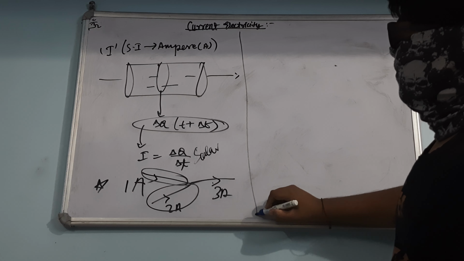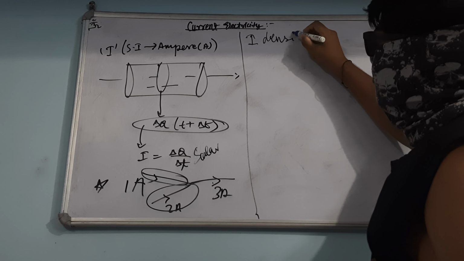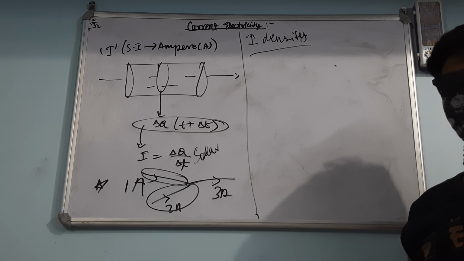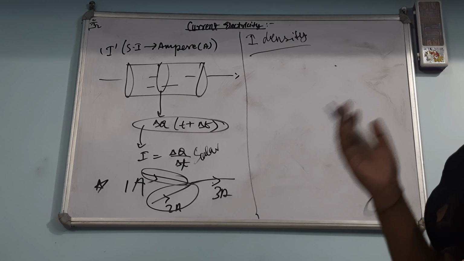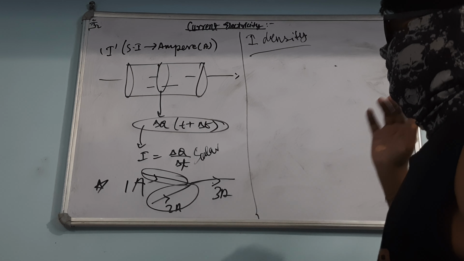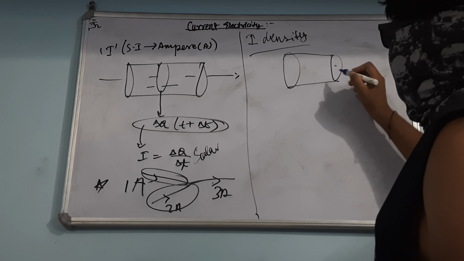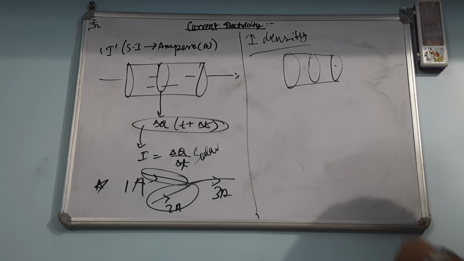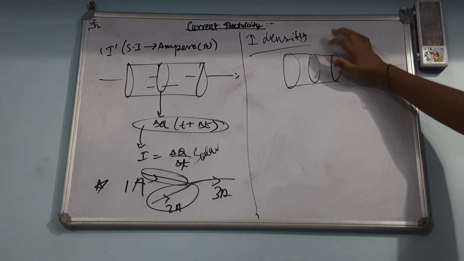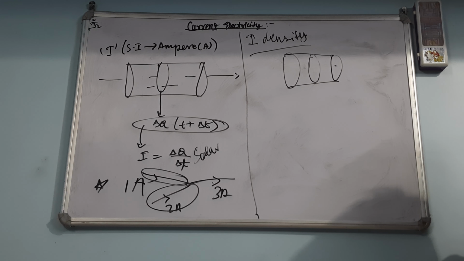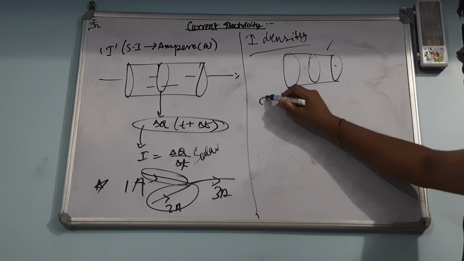So let us now know about current density. So what is current density? Basically it is the amount of flow of charge per unit time per unit area. From here, the amount of charge flowing per unit time per unit area from this area is the current density for this medium.